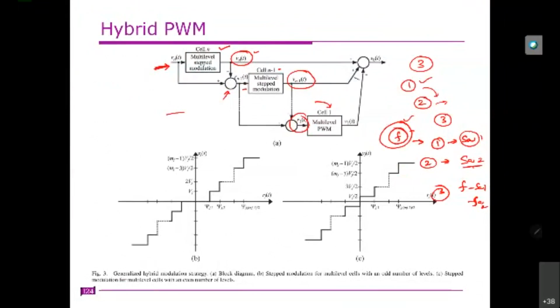So this is quite common. If you have VDCs, for example 2 VDCs and 4 VDCs, this VDC is operating at the fundamental frequency with the remaining modulating signal. This picture is explanatory.